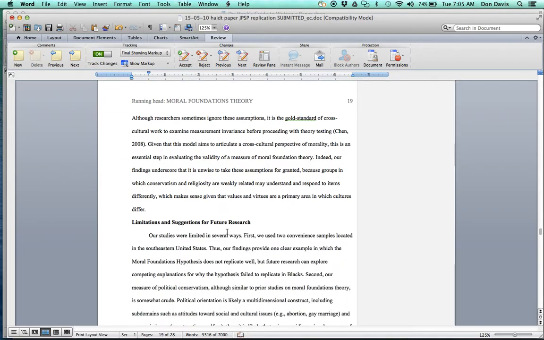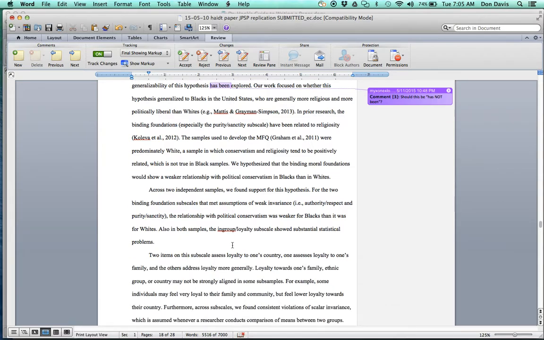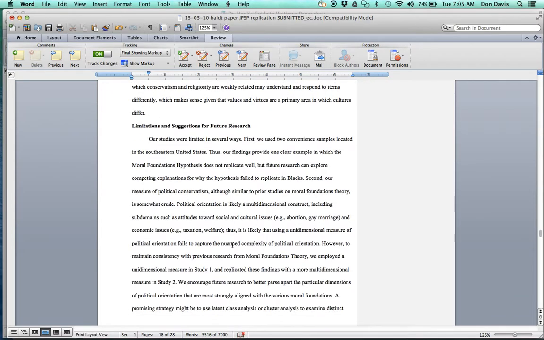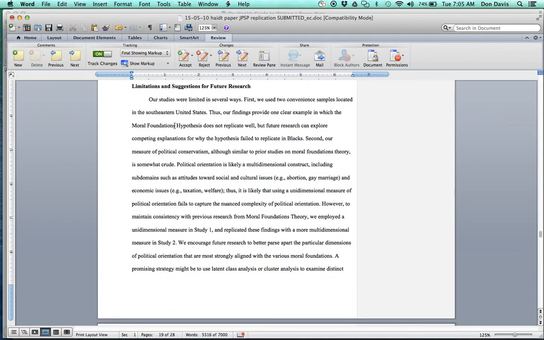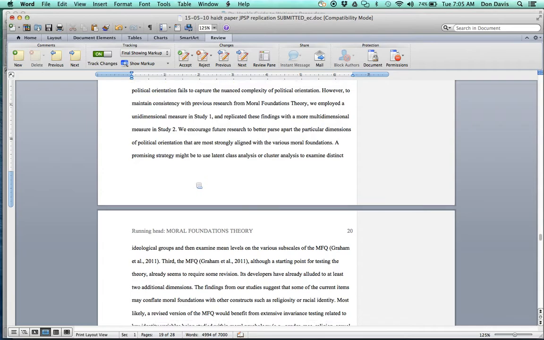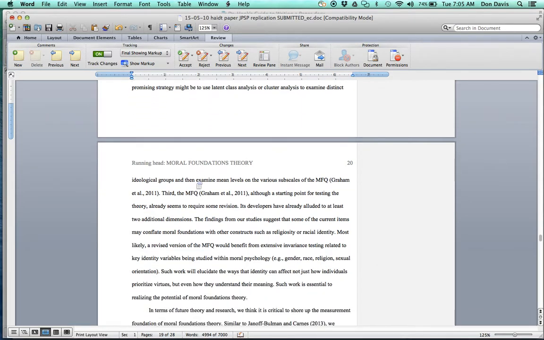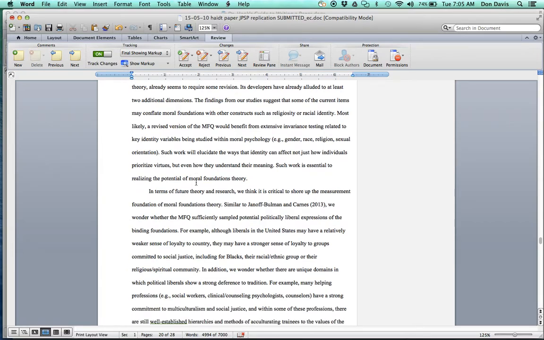And then, to be honest, this might be a little bit skimpy, but we have a more elaborate discussion of what next steps might be. In addition to acknowledging some of the limits of our sample, we pivot into discussing some practical ways to bolster the theory and the measurement of moral foundations theory.